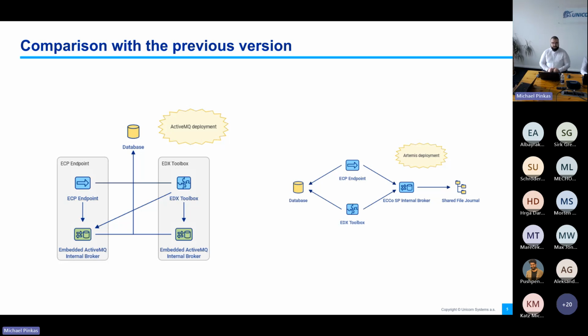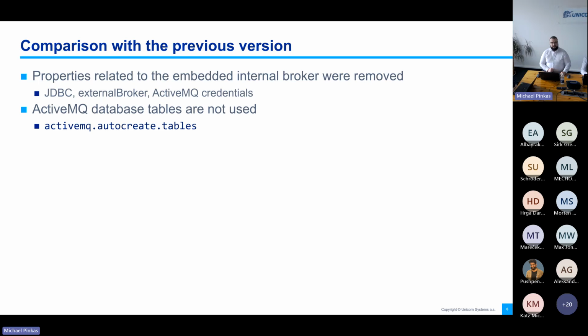So that's basically one of the biggest architecture and deployment changes: the internal broker is now completely separate. Also, as the internal broker is not embedded anymore, some properties were removed.